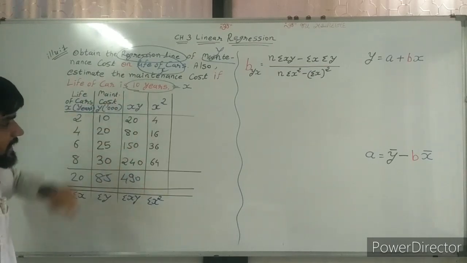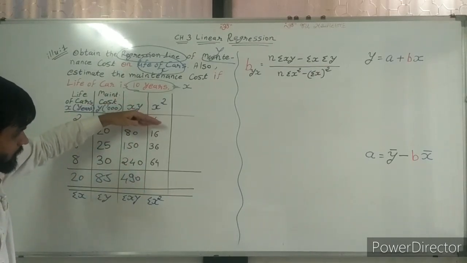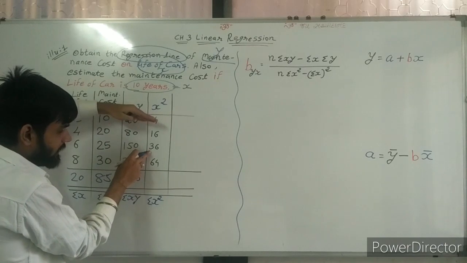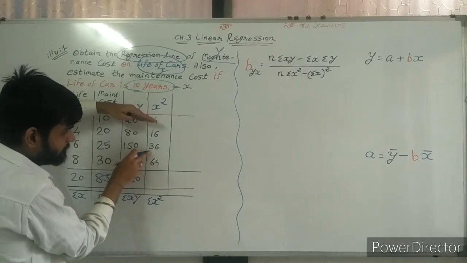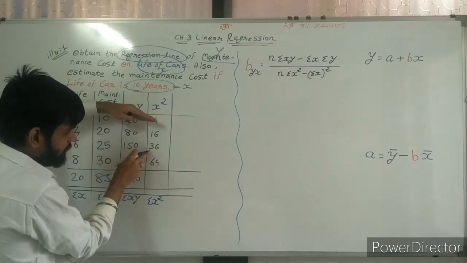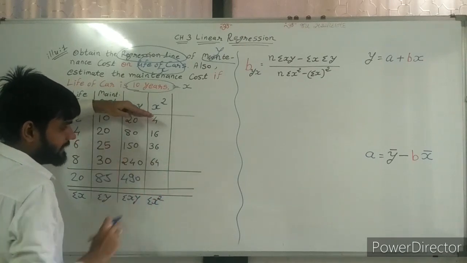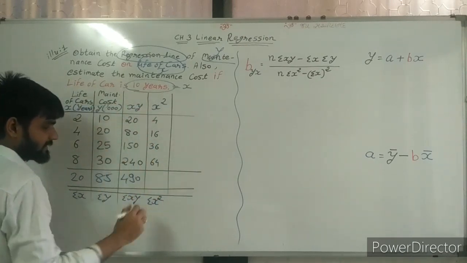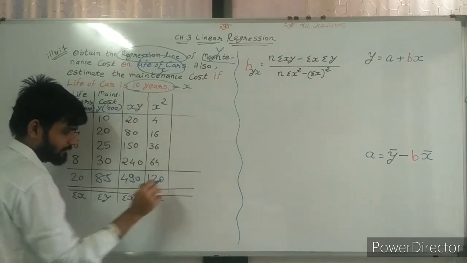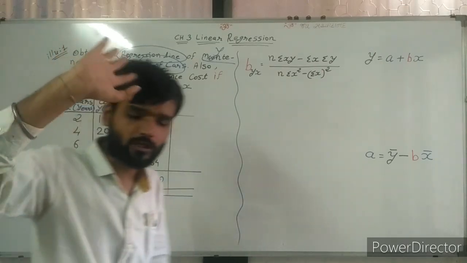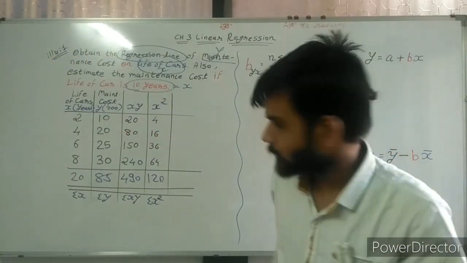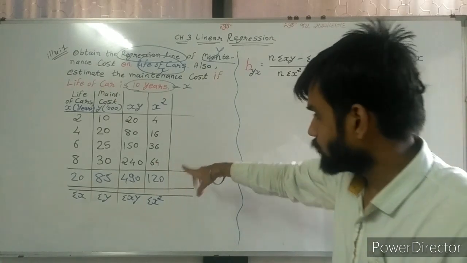Total of x square: 16 plus 4, 20, 20 and 30, 50, 50 and 10, 60, 60 and 60, 120. You can also do this in your calculator.